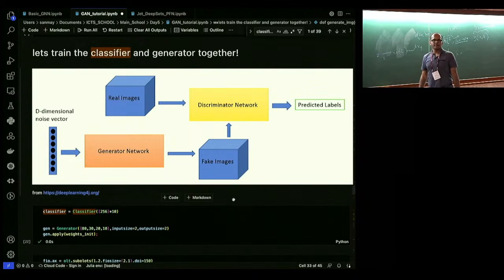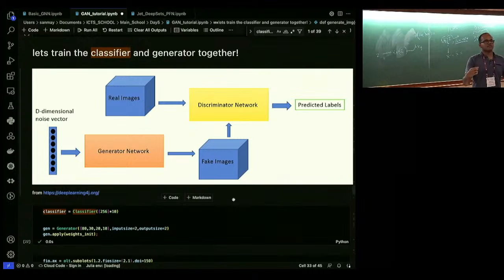And it will give you some output. And the whole point is that the generator will keep trying to output x fake in such a way so that even a well-trained discriminator cannot distinguish between x real and x fake.